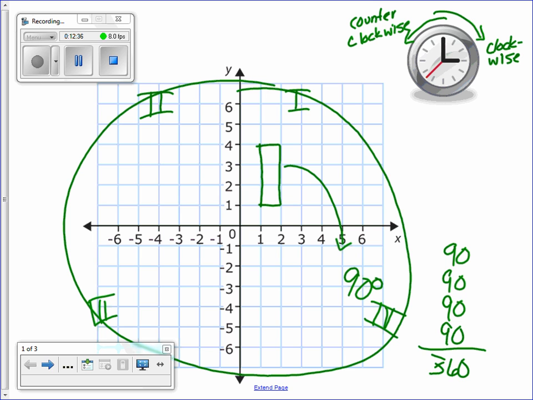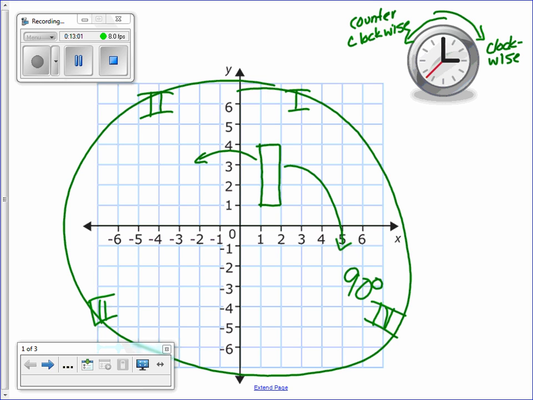So we want to think about each time it moves to a different quadrant, it's moving 90 degrees, okay? So if it moved there, it would be 90 degrees. If I asked you to move it this way or counterclockwise 90 degrees, then it would move into this quadrant.